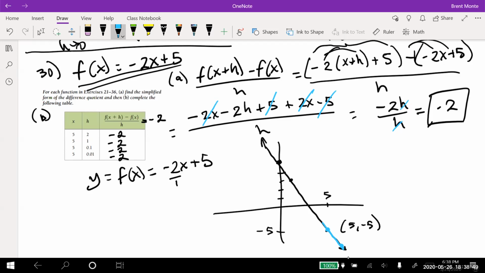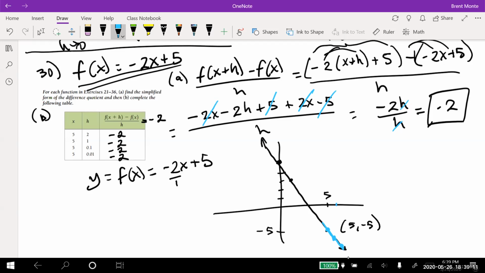If I go back and move the point instead of 2 away, I only move it 1 away, say here, now I'm right here, it's the exact same line, has the exact same slope. So it doesn't matter how far these points are away from each other, the slope is still -2 because my function itself is just a line.